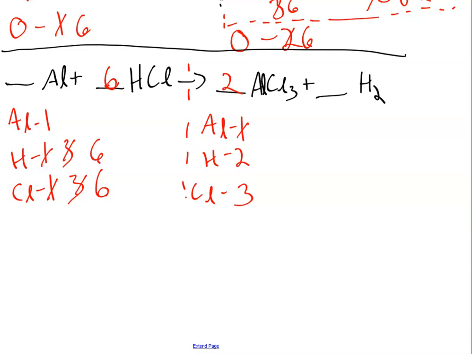Now our aluminums are 2, chlorines are 6. We need to fix our hydrogens and aluminum so that they match. So I'll take 6 to get to 6 on the product side, multiply hydrogen by 3. That puts that at 6, and put a 2 on aluminum. See how it made it so much easier to go ahead and finish up. And that's going to be your answer.